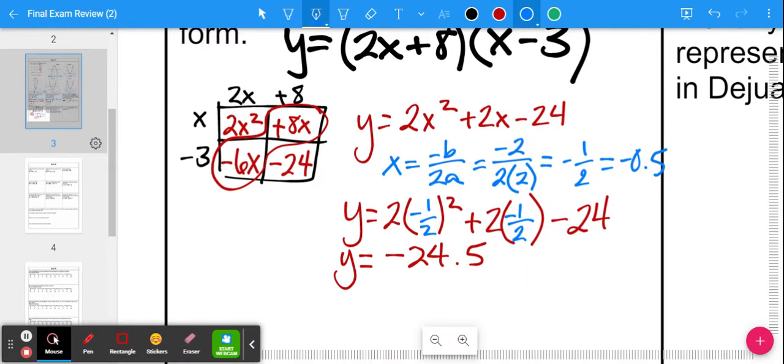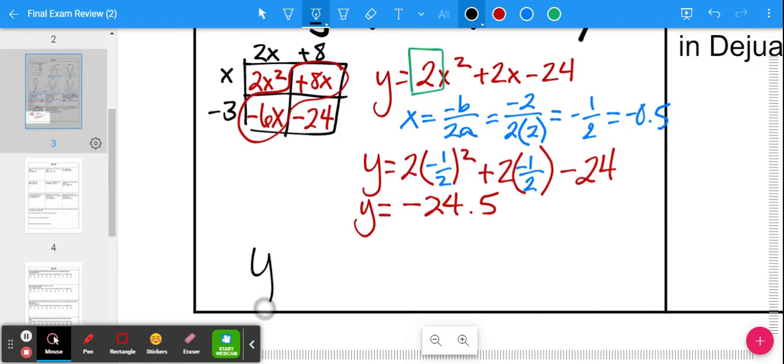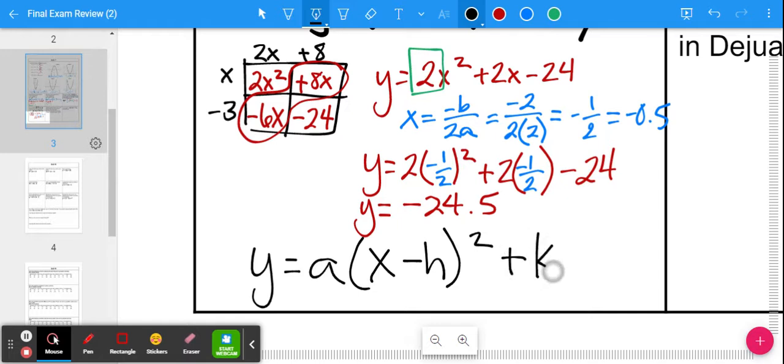Now, the other thing to remember in vertex form is your a value. So when we write vertex form, straight from your formula sheet, it's y equals a times (x minus h) squared plus k. So your a value is the same as your a value in the equation in the standard form, so we put our 2 there. Your h is the same thing as your horizontal shift, which is your x value.